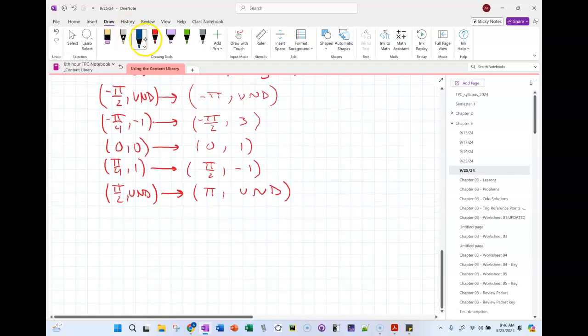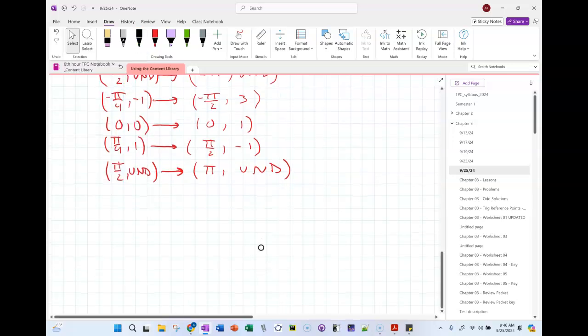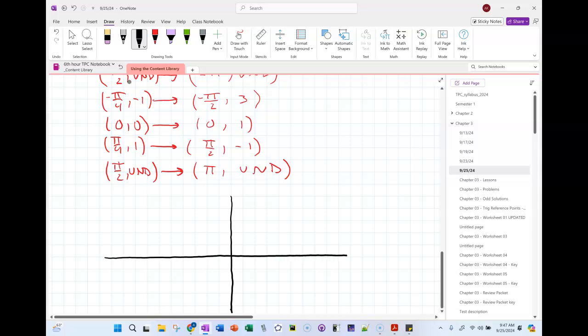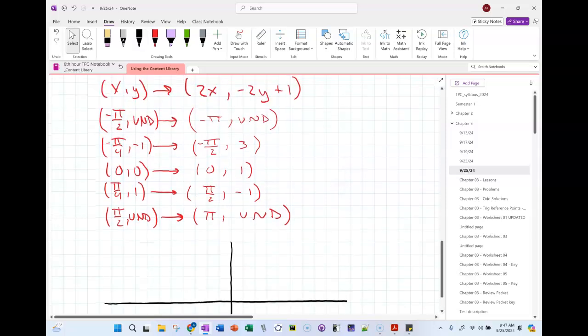Let's now draw a graph for this. And let's do that maybe from negative 2 pi to positive 2 pi. So let's look at our x-coordinates. What do you think our scale should be on the x-axis? What should each tick mark represent? What do you guys think?